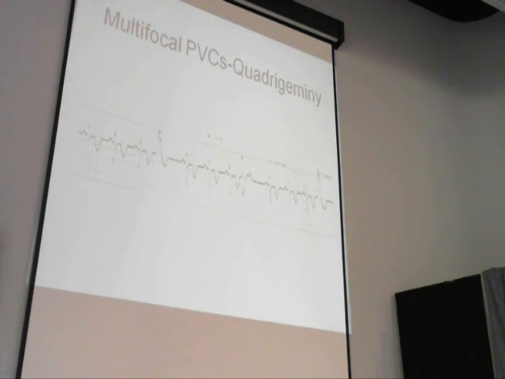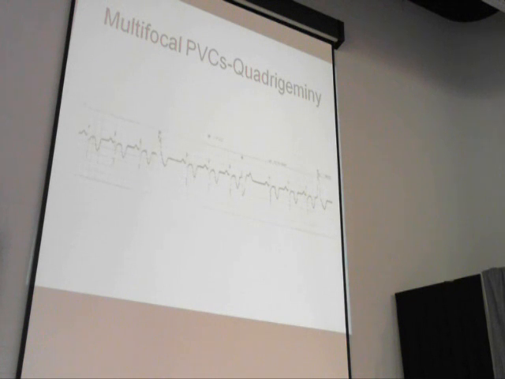When we talked about PVCs last semester, we said they may be unifocal or multifocal. Say we have a patient who's having PVCs and we run off 30 seconds worth of paper, 30 seconds worth of electrical activity. In that 30 seconds I have a total of 4 PVCs, and they are identical.